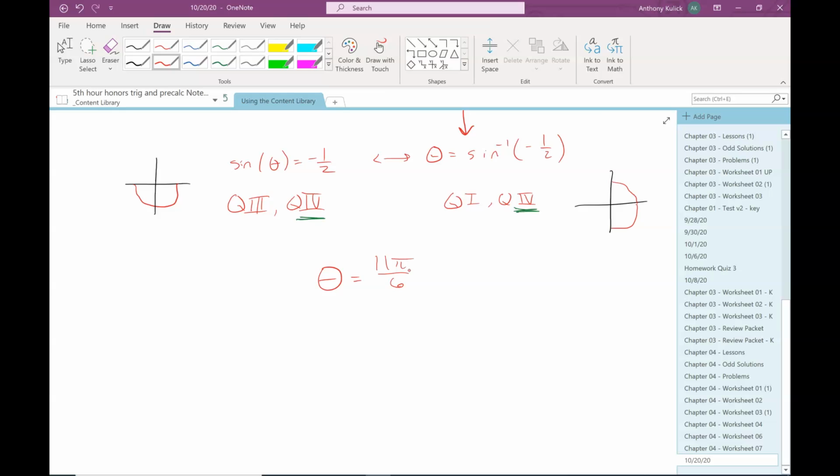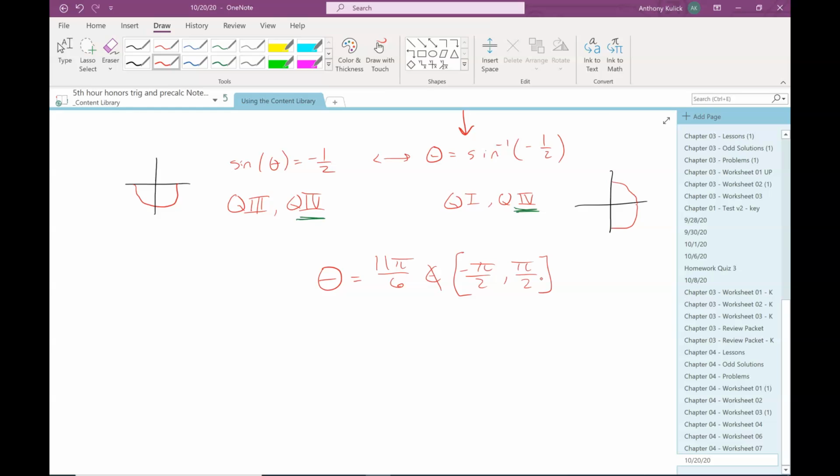Now, this is not our actual answer, unfortunately. What's wrong with this answer? It's not, oops, should be a bracket, in the range for sine inverse, right? The output for sine inverse needs to be between -π/2 and +π/2. 11π/6 is definitely bigger than π/2, right?